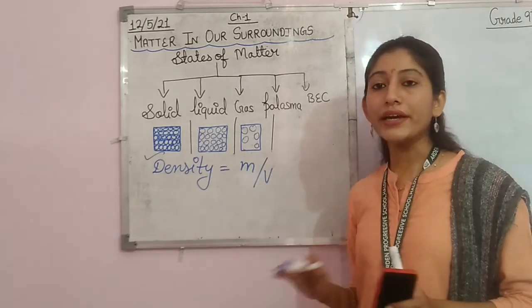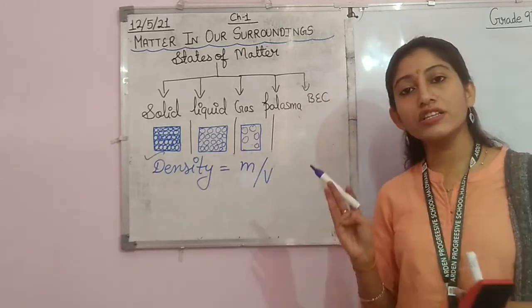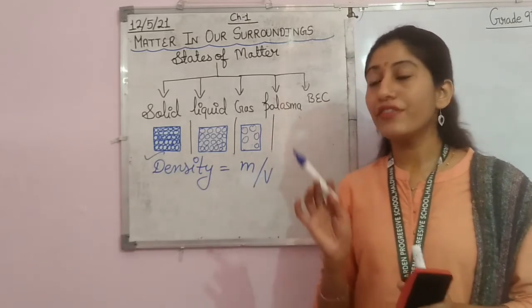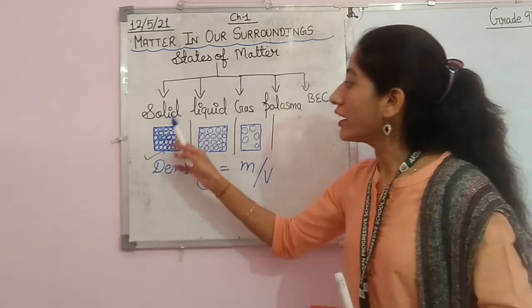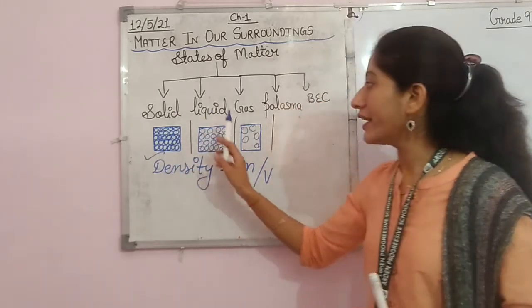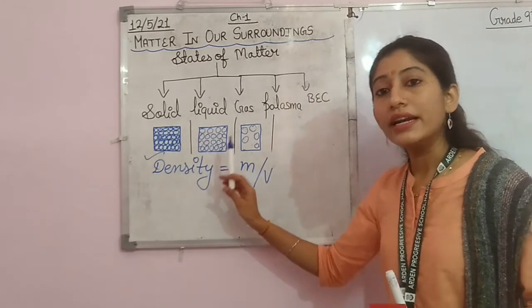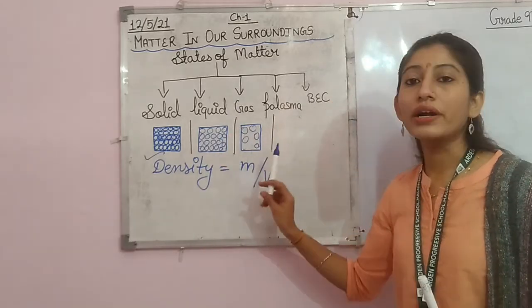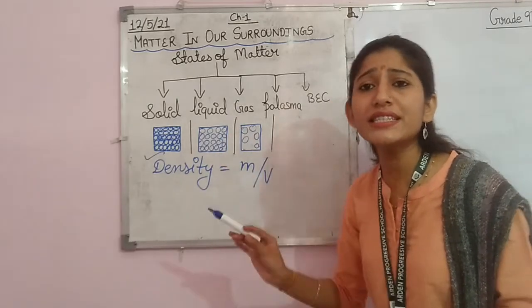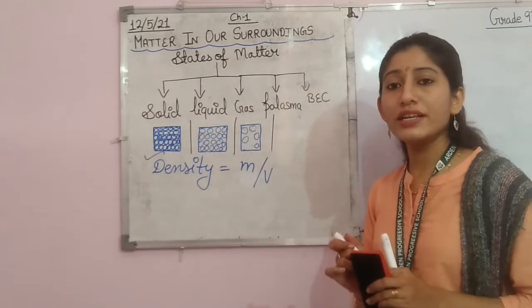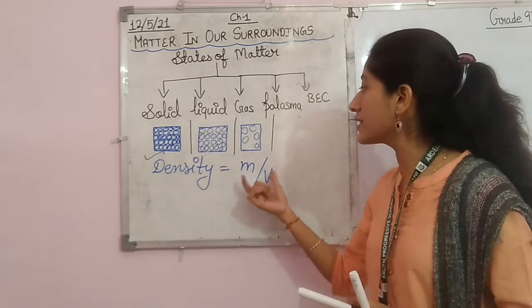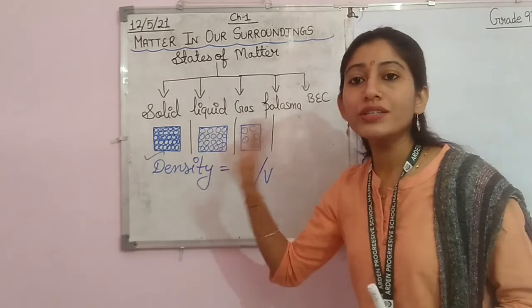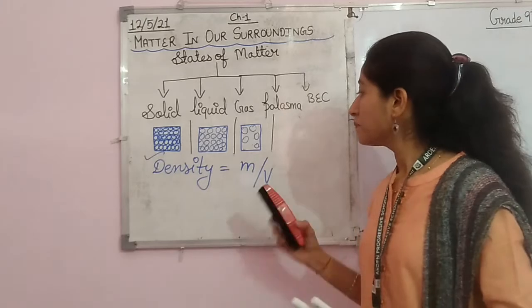So when we compare the states of matter, solid, liquid and gas, in terms of density, we found that solids are most dense, then liquids are dense but a little less than solids, and gases are the least dense. We will not say they do not have density; gases have very little density as compared to the other two states of matter. Okay.